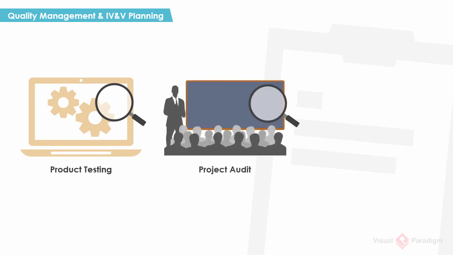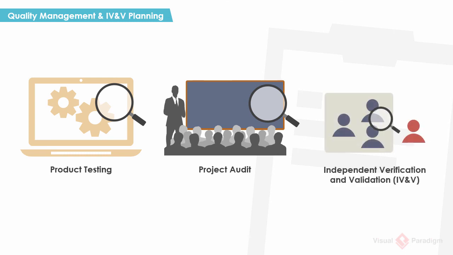The second one, identify the planning of project-related quality assurance activities. Determine how often the project plan will be reviewed to check for task slippage and any impact on dependencies. Finally, if appropriate, identify the planning of independent verification and validation activities to be performed. The activities are described as independent because they will be performed by a disinterested third party.